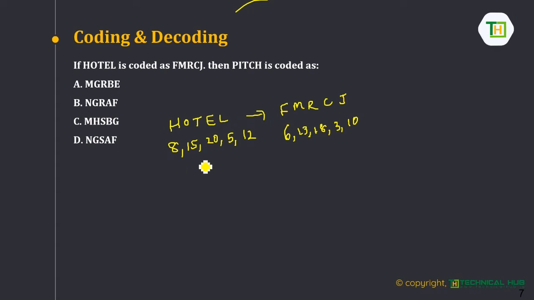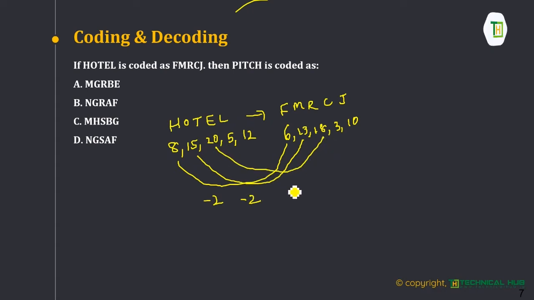If you observe the logic, 8 is changed to 6, means subtracting 2. 15 is changed to 13, also subtracting 2. 20 is changed to 18, also subtracting 2. 5 is changed to 3, subtracting 2. And the last letter 12 is changed to 10. So the logic is subtracting 2.